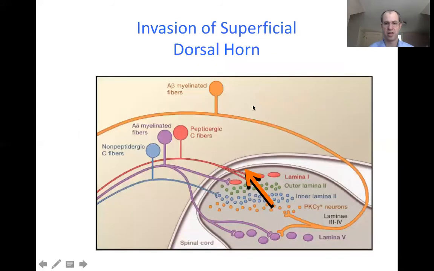Looking at this in another way, as I said, the low threshold mechanoreceptors invade the dorsal horn, and their connections then become wired to the second order transmission neurons that convey information about increased pain to the brain.